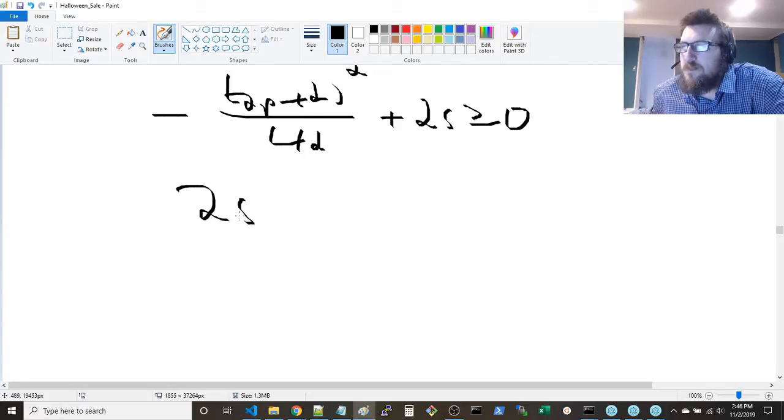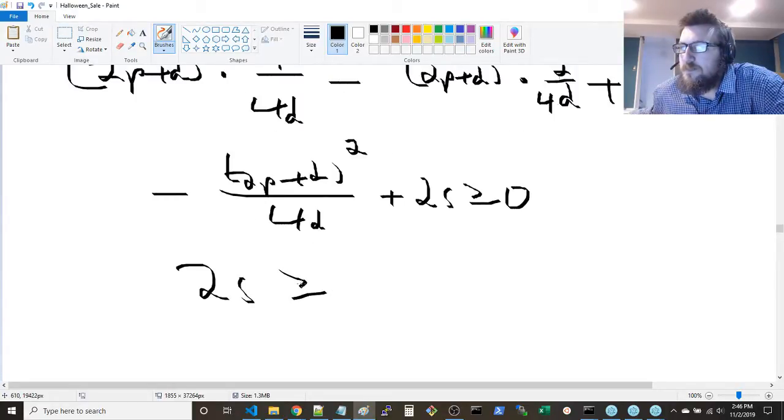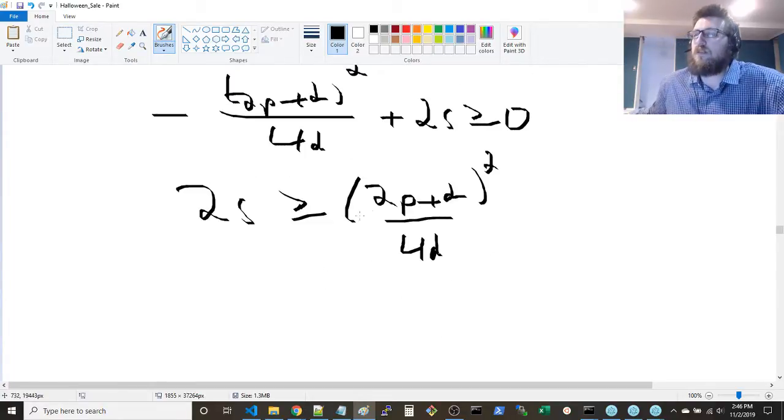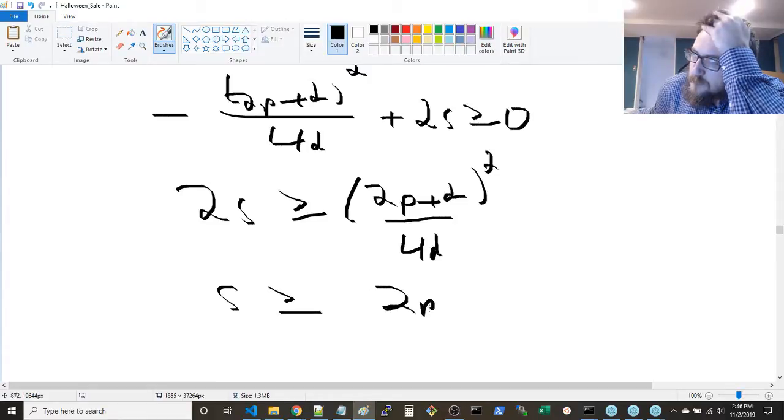Which means that 2s is greater than or equal to ((2p plus d) over 2d) squared over 4d. Which means that s is greater than or equal to this.